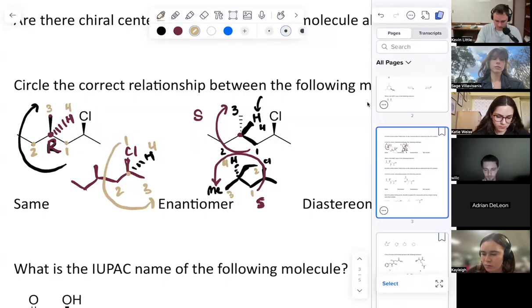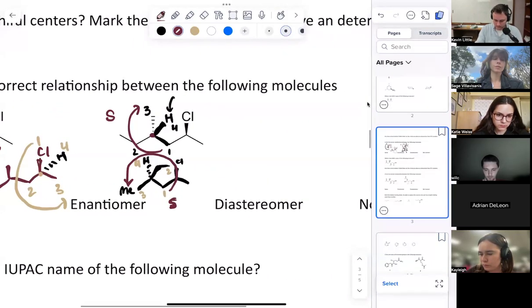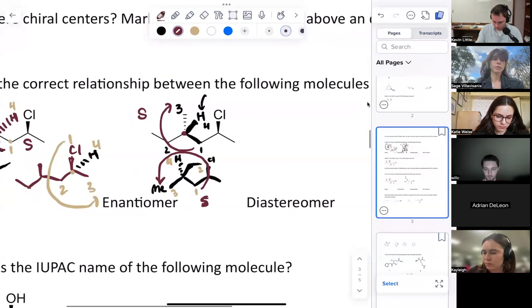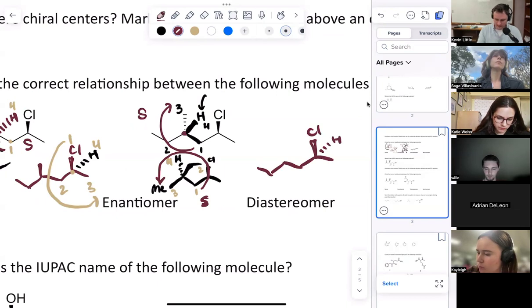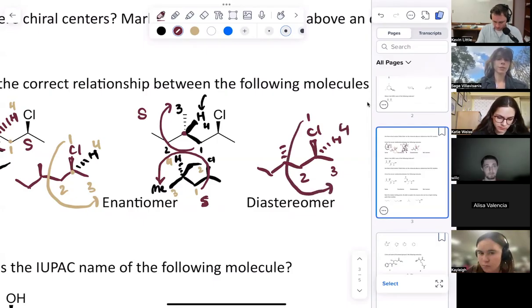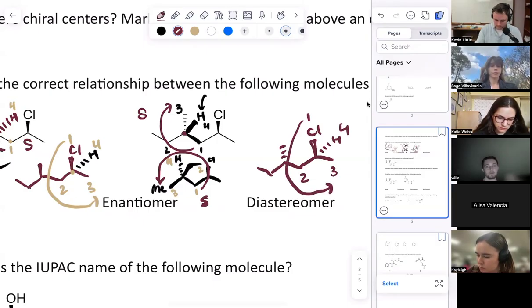That's S. So this is R and S. And again, well, this is the same chiral center, actually. Again, the H is already on a dash. 1, 2, 3, 4. And that is S.